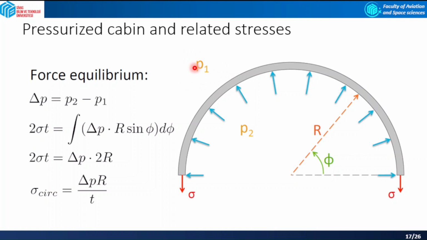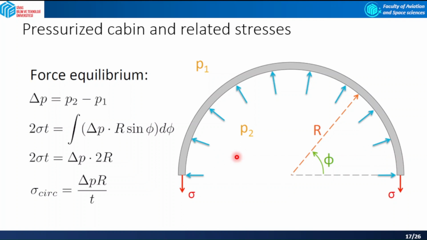So the pressure difference delta P is P2 minus P1. And okay, this cabin is at equilibrium. So to maintain this equilibrium, the downward force must be equal to the upward force. Why are we not talking about the side forces? Because this is a cylinder, so it's symmetric, and side forces to the left and right will cancel each other.